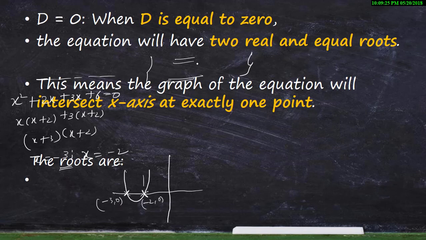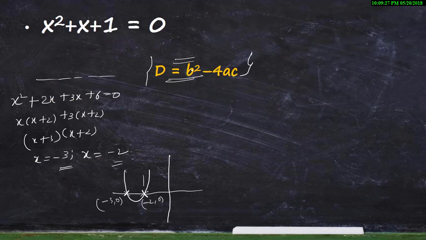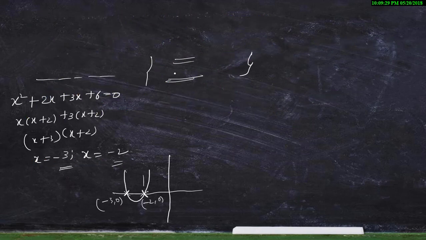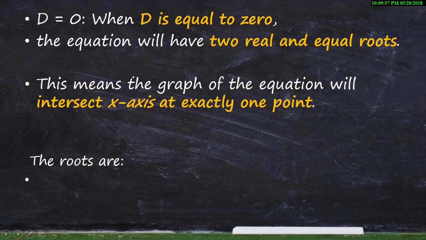Now this is the case when d is equal to 0, that means discriminant is equal to 0, that means b square minus 4ac is equal to 0. Then we have two real and equal roots, that means the graph of the equation will cut the x-axis at only one point.